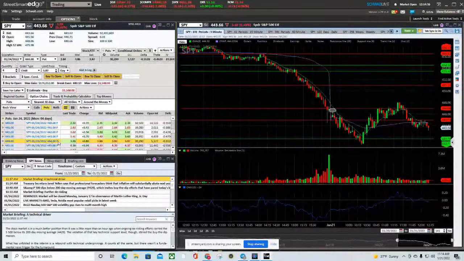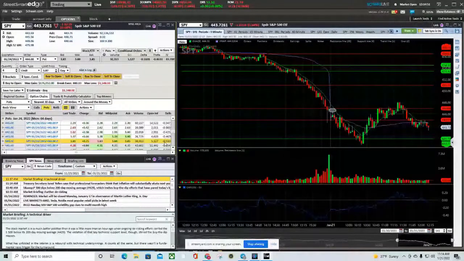Now, we've covered the delta. You can see the delta here is 0.50, so that's a good one right there. The next thing you want to look at is volume and open interest. You want to see high open interest and high volume.